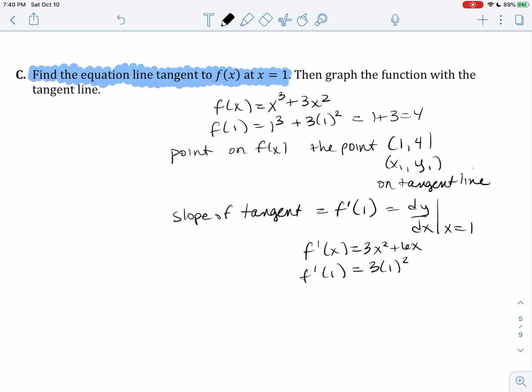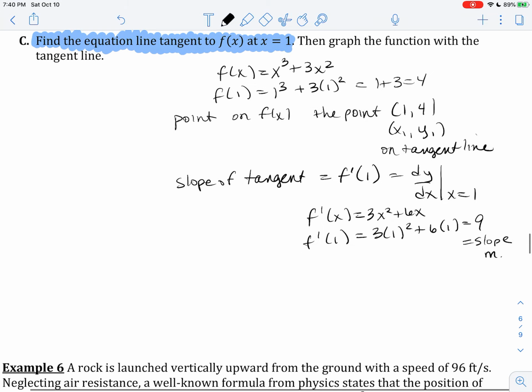So our f prime of 1 is going to be 3 times 1 squared plus 6 times 1, and that's going to give us 3 plus 6, which is 9, and that's going to be our slope m. Good?